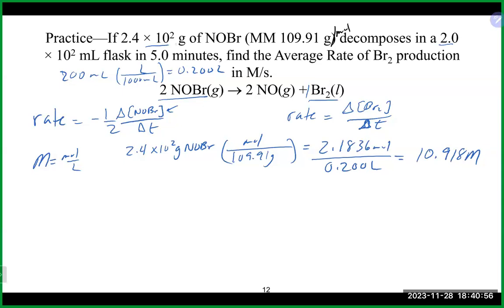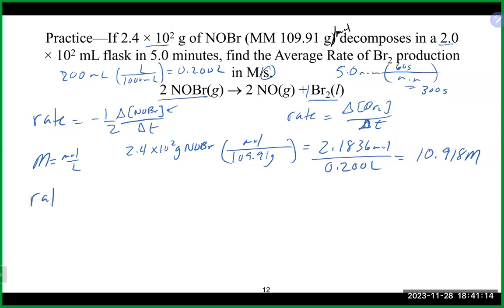We also want the change in time, and we do want it in seconds at the end. It's in minutes, so you might want to convert our minutes into seconds. A minute is 60 seconds, so that's 300 seconds. Now we actually have everything we need to go into our rate expression.